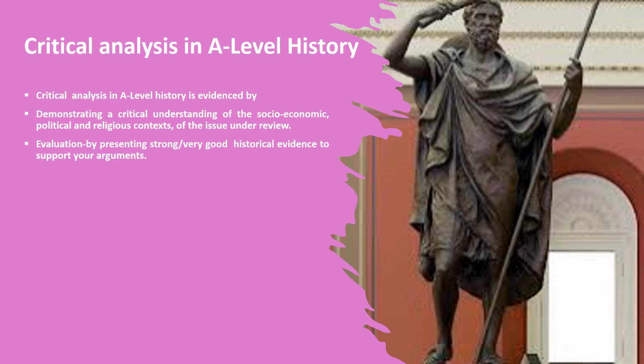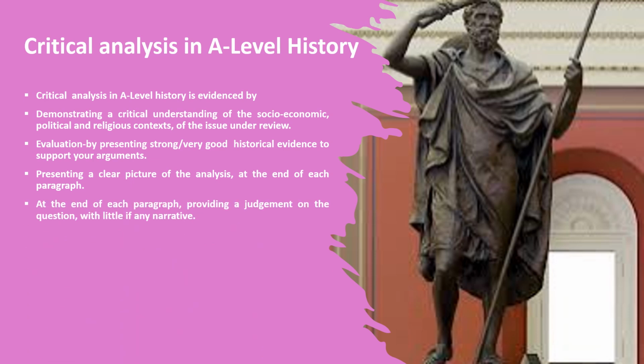Evaluation comes by presenting very good historical evidence to support your arguments and analysis, and by presenting a clear picture of the analysis at the end of each paragraph, identifying why the factors are significant or making links between themes of cause or consequence or historical significance. Don't leave it to the very end of your essay, but do it at the end of each paragraph, providing a judgment on the question with little, if any, narrative.